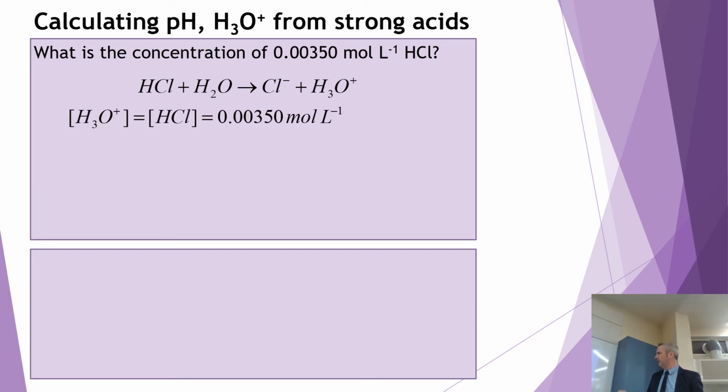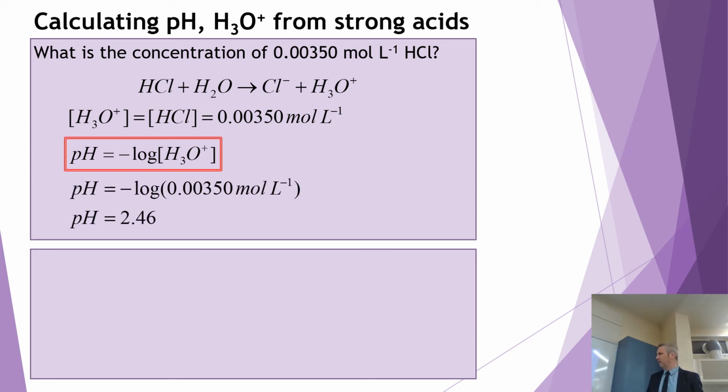So I can write that down. Hydronium ion equals HCl equals 0.0035 moles per litre. Then I can use this fancy equation. pH equals negative log H3O plus. So I'm going to put this number in my calculator, press the log button, and then press the negative sign. And hey presto, we get this number here, 2.46.